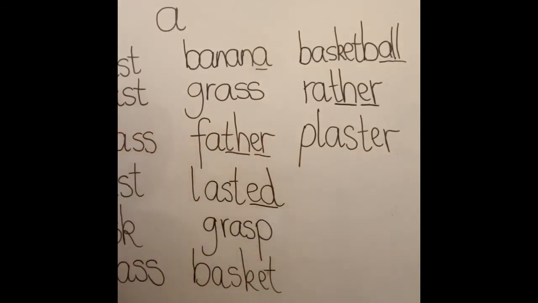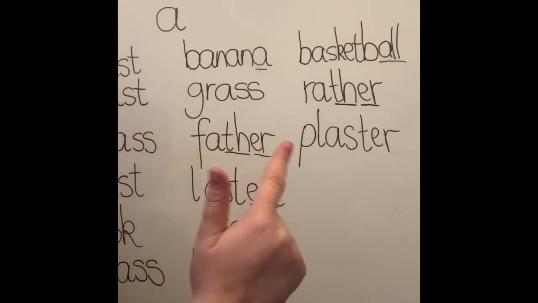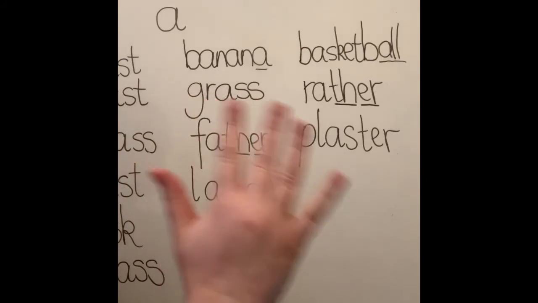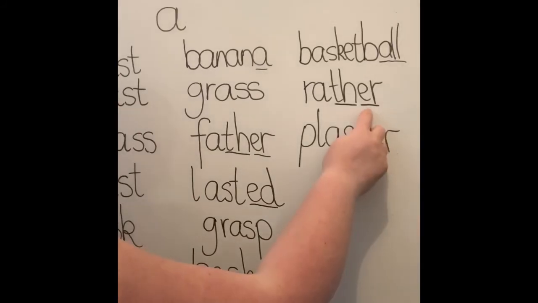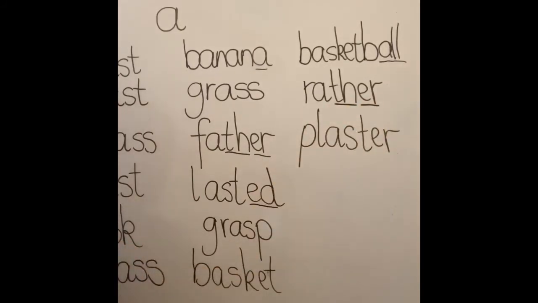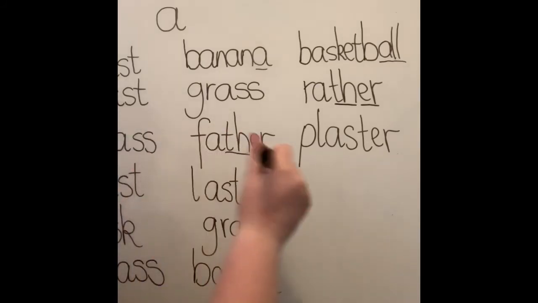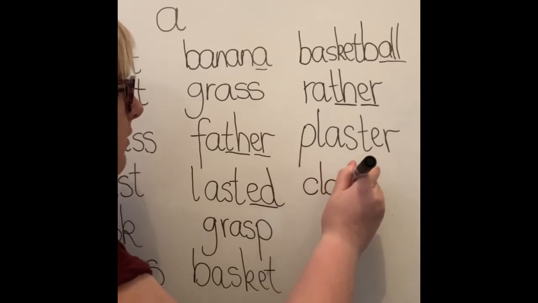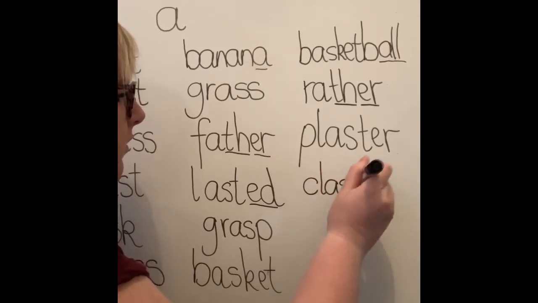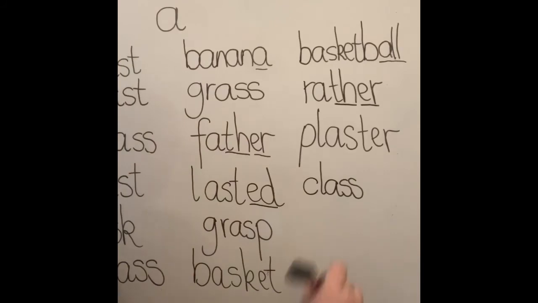Plaster. Shall we count? 6 sounds because those go together, like at the end of this word. Plaster. Next word uses our word class here, and it's another compound word. Class. Somewhere where we have to stay in all day.